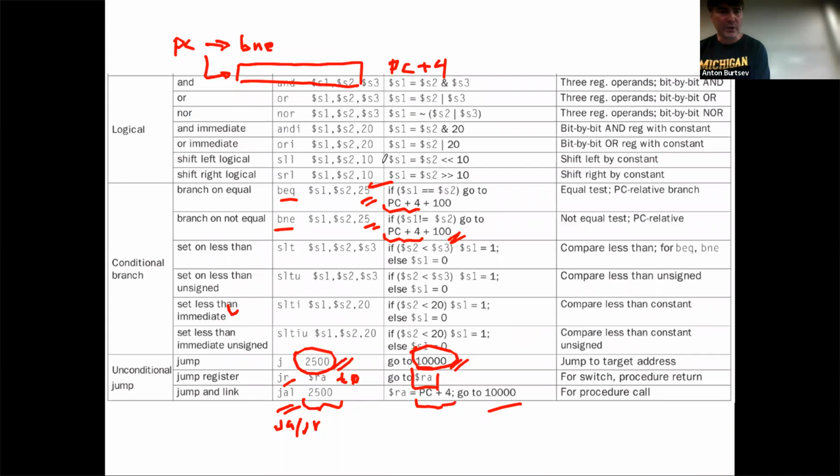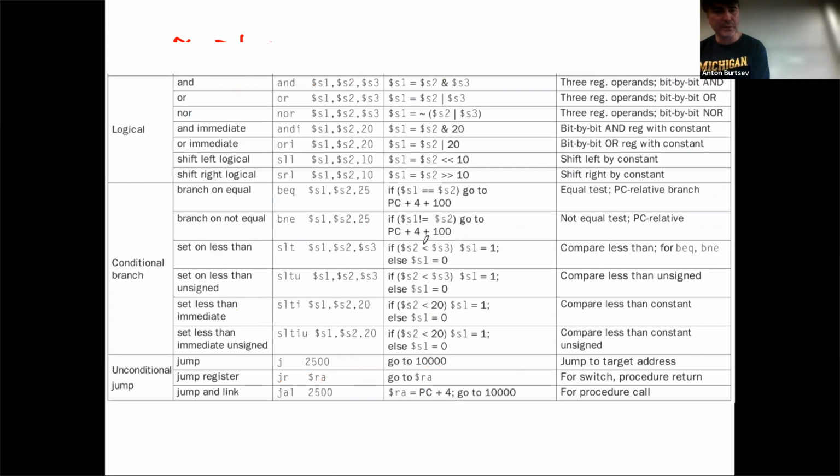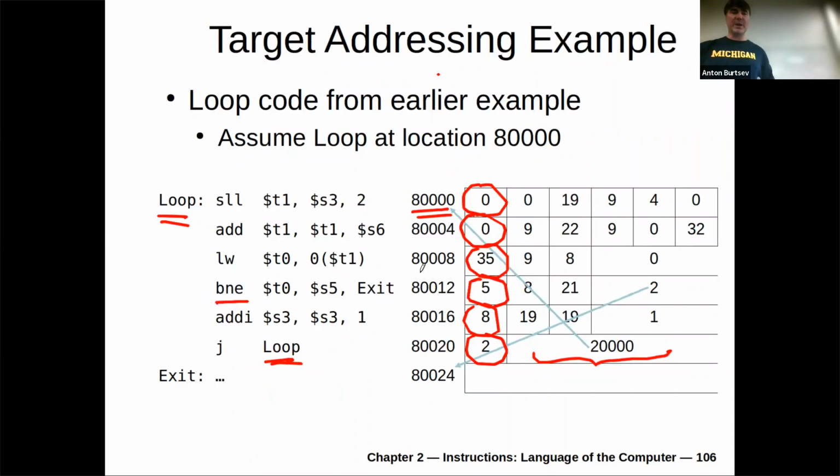So, and for another jump, which is here, branch not equal, we again go back to this table, check on what branch not equal is doing. Branch not equal is going to the PC+4 plus the number, but you encode it as the one which is divided by 4. So you say branch not equal is at the location 80012 plus 4 is 80016. And if you want to jump to exit, right?